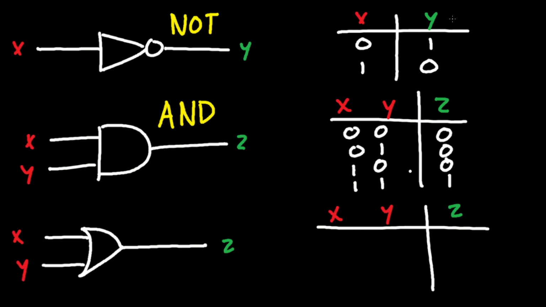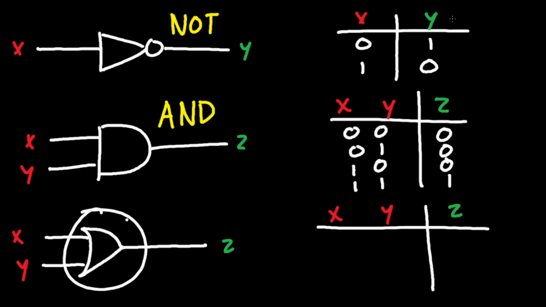If input 1 and input 2 are both 1, then your output is 1. If input 1 and input 2 aren't both 1, then the output is not 1, right? It's literally in the name.